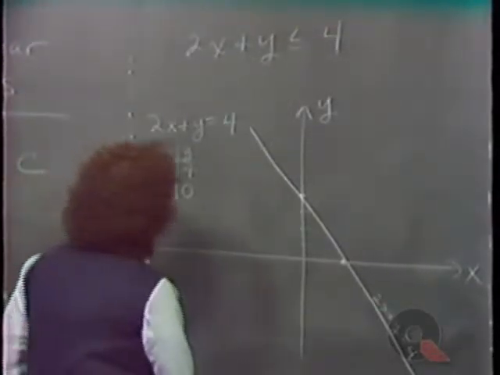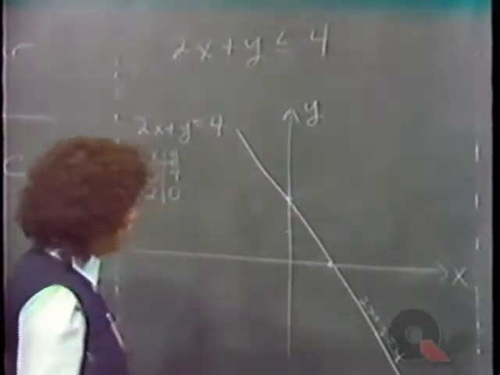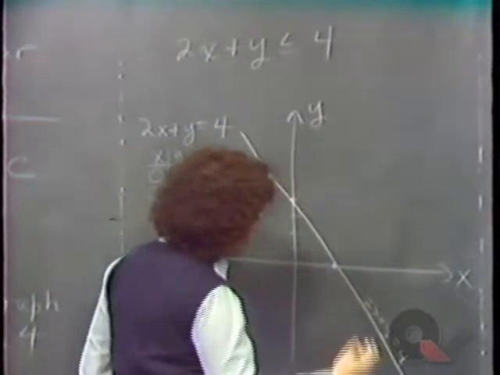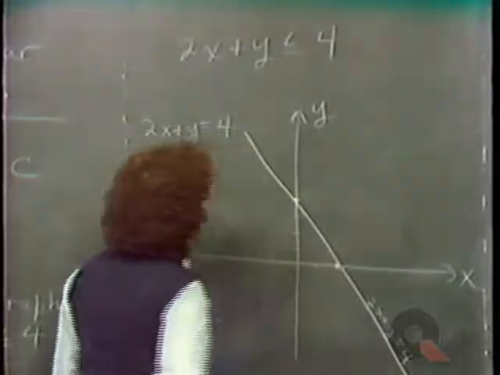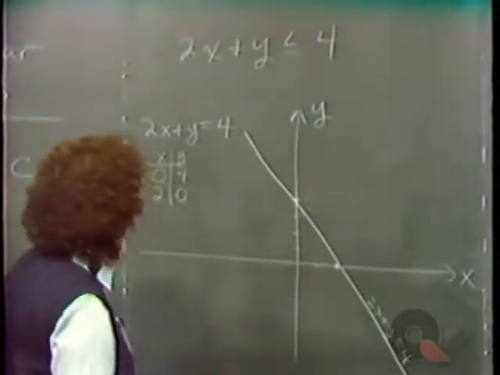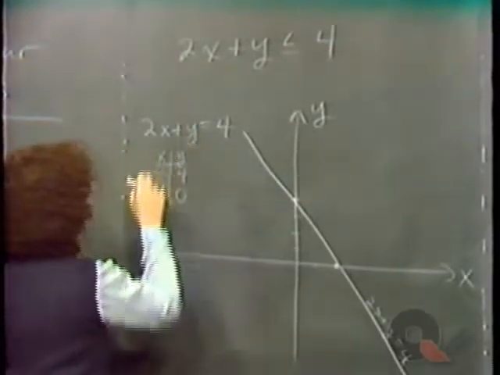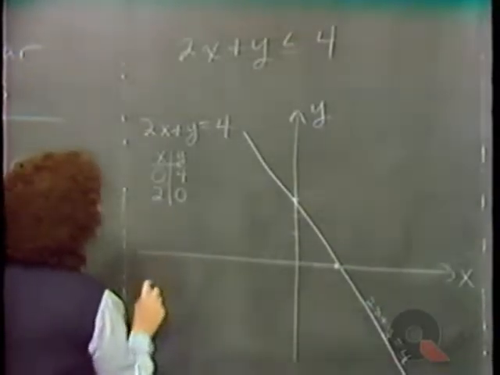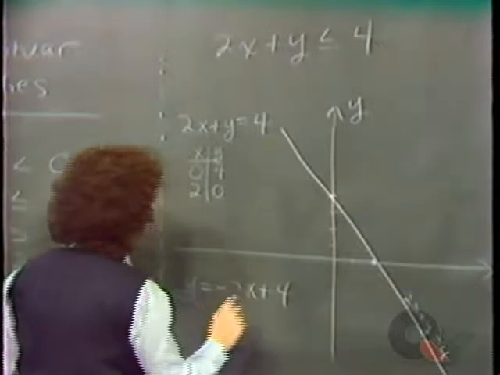All right, now the set of all points in the plane satisfying this inequality will consist of all the points on this line plus all of the points on one side of this line, and we have to determine which side. Okay, now there are 2 ways of doing this. One way is to say that 2x plus y equals 4 could be written in the form y equals minus 2x plus 4.